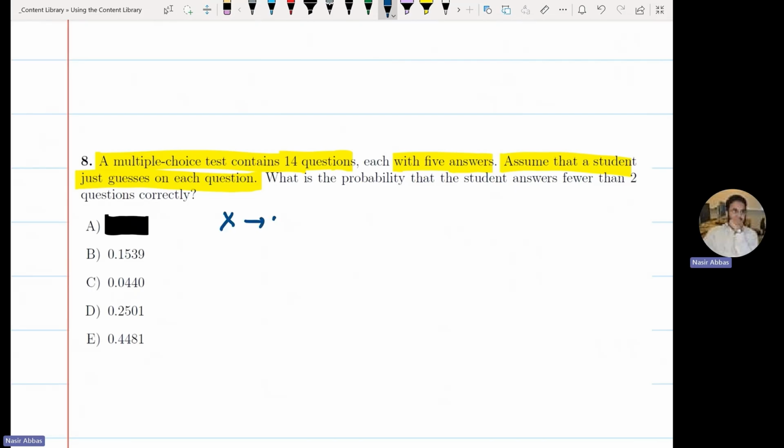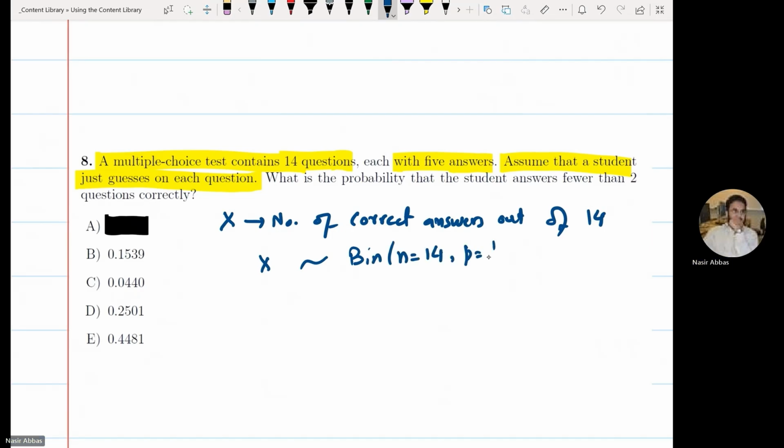So here you are interested in the number of successes, the number of correct answers. So X here is the number of successes out of n trials, 14 trials. Here X follows a binomial distribution where n is 14 and p is 0.2. And what is required? Less than 2.